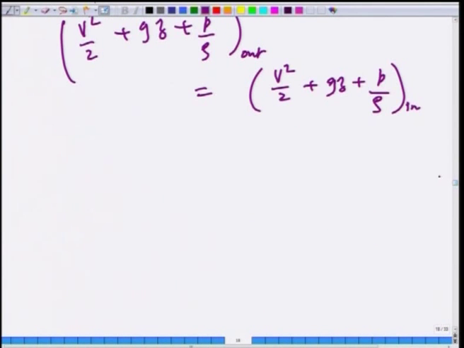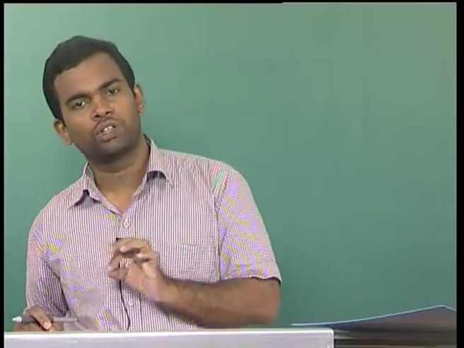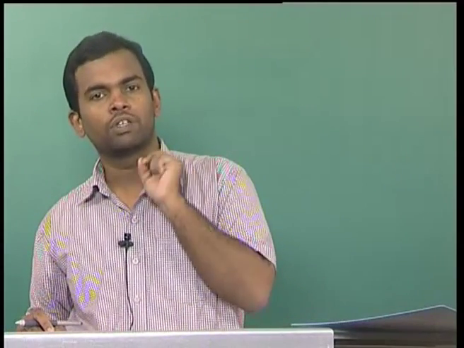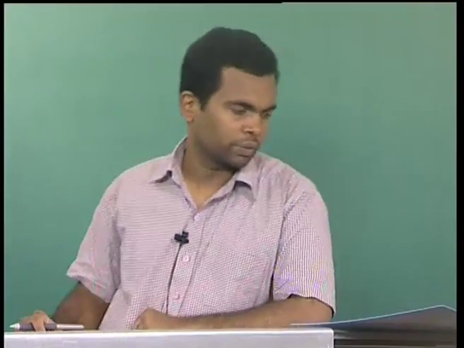There is a superficial similarity between the energy equation and the Bernoulli equation, but one has to be very careful because the energy equation can be applied across different equipment. You can construct the CV as big as possible, including all sorts of equipment and valves and compressors and pipings and so on, whereas the Bernoulli equation is a special equation that is valid only for an inviscid flow along a streamline.